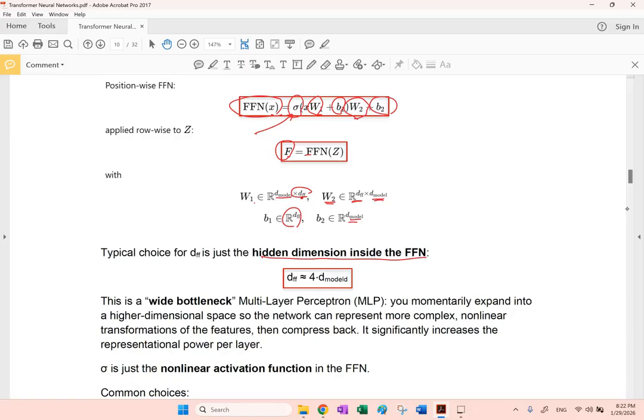First of all, in many transformers, they pick something like 4 times bigger. So you go from a dimension d_model to a dimension bigger than that, DF, and then go back to d_model. So you go something like this, right? Here the dimension is d_model, the input X. Here is sigma of X times W1 plus B1.